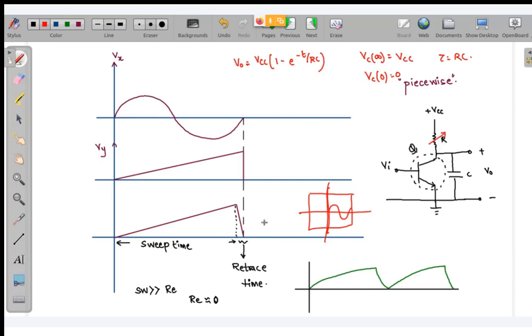What about retrace time? Do you want it to be variable or fixed?